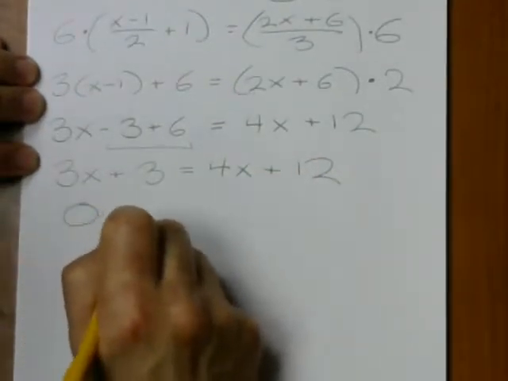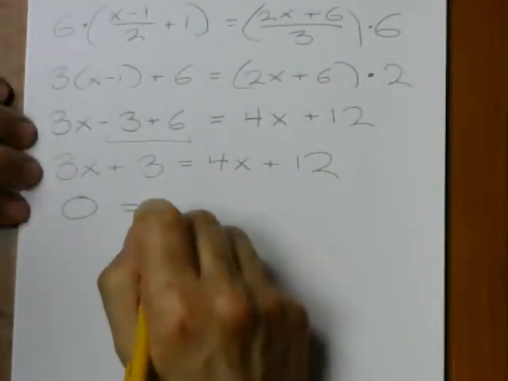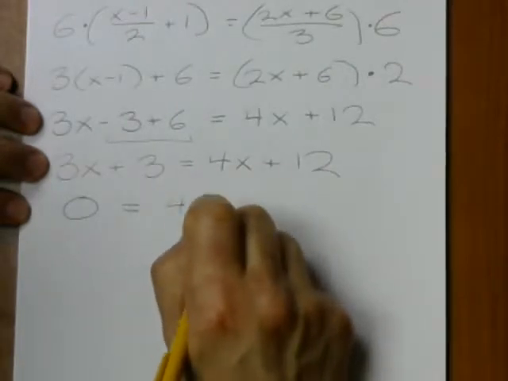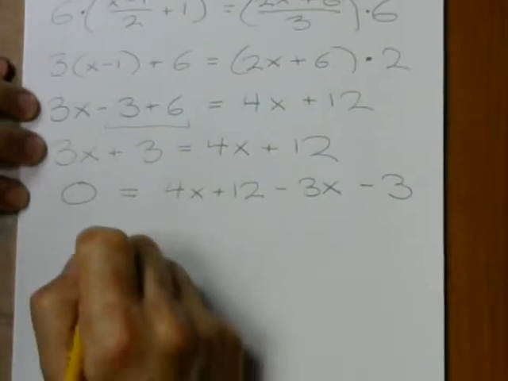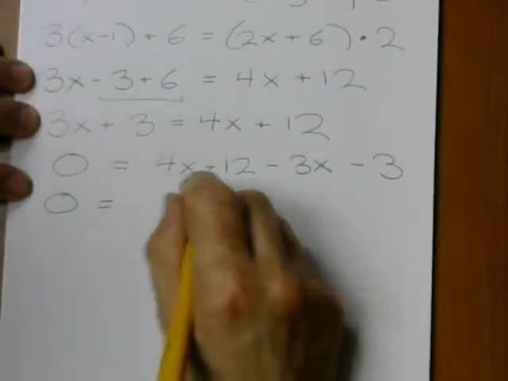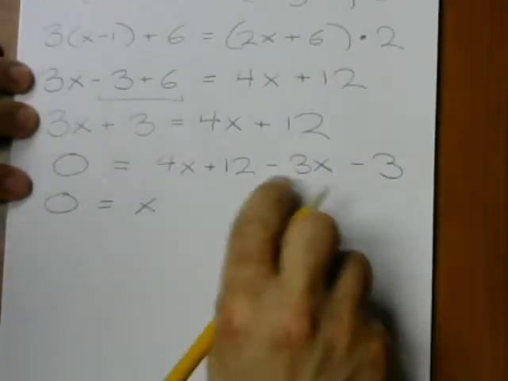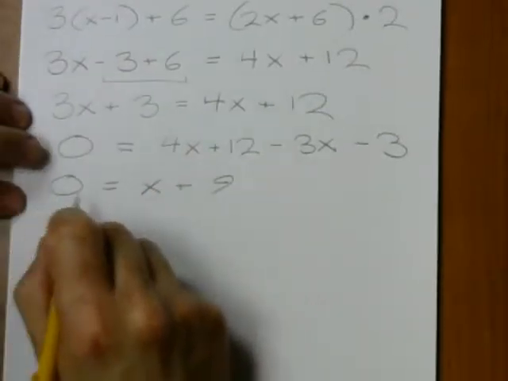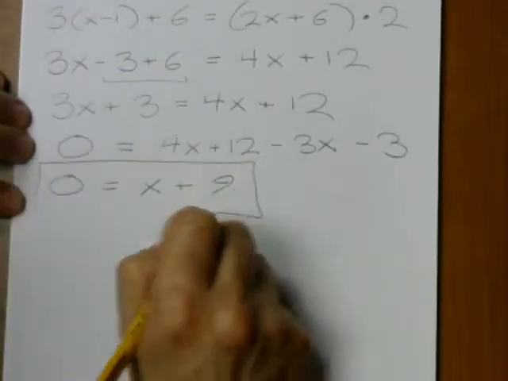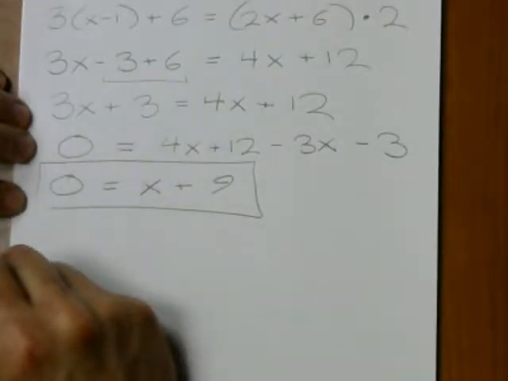Let's move things to the right. I would get 4x plus 12 minus 3x minus 3, which would give me x, and the 12 minus 3 gives me 9. So I have the equation x plus 9 equals 0.